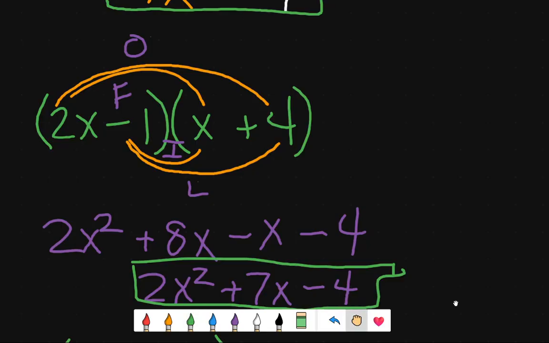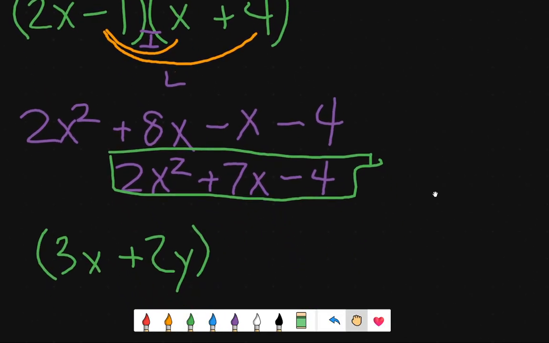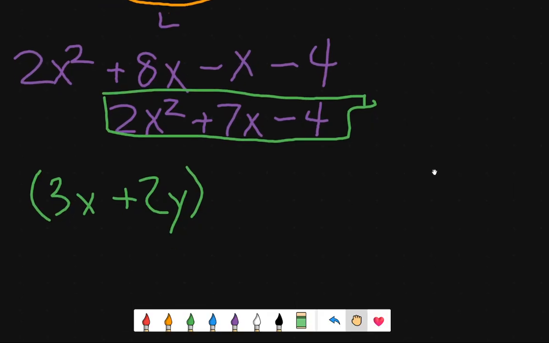All right, let's do one more here. In this one, this is actually 3x plus 2y squared. So you have to expand this one, and it's saying that these terms are going to be squared. So that means they're going to have to be multiplied by themselves. So let's expand 3x plus 2y.